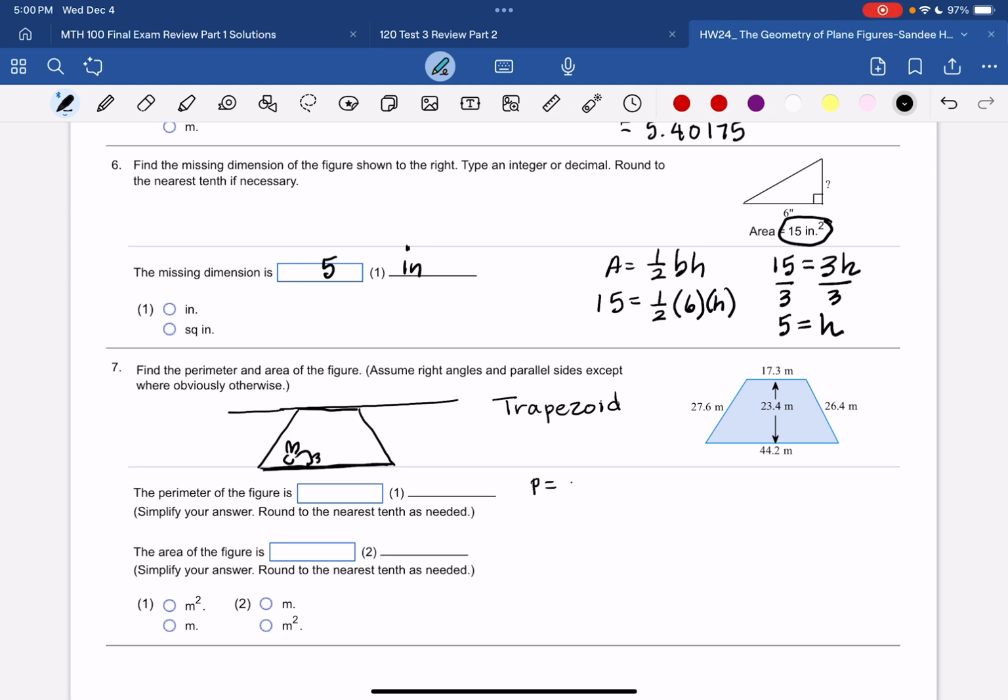So our perimeter here is 27.6 plus 17.3 plus 26.4 plus 44.2.